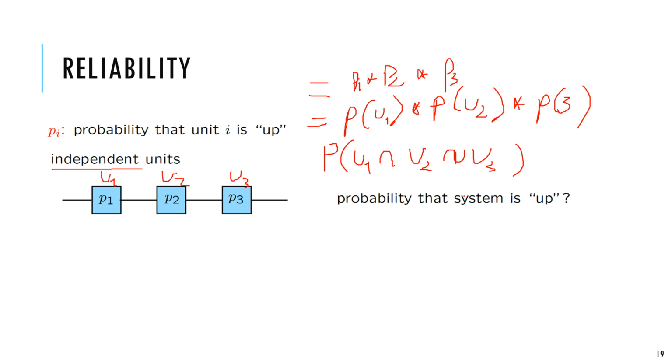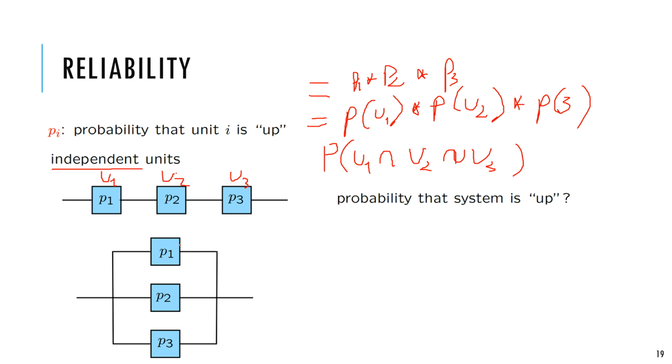This is the probability that the system is up. How about in the parallel structure? It's up when one of the units is up, or we can consider the inverse problem, when it has failed.